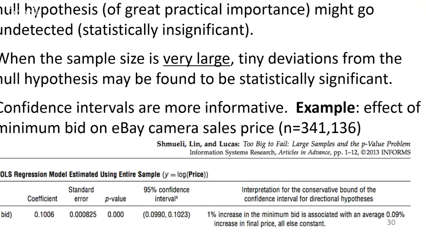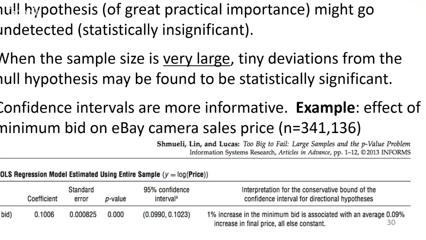So the reason they gave this example was to show that something with a minuscule p-value of 0 is probably not important to most sellers. Even if you increase your minimum bid by 10%, you still would only get something like a 1/10 of a percent increase.